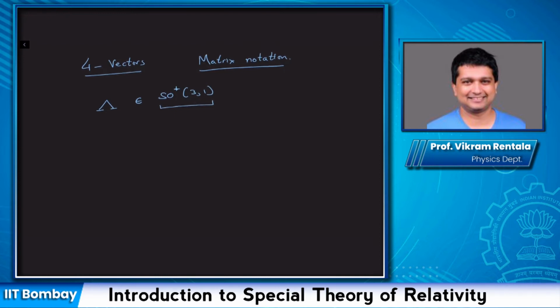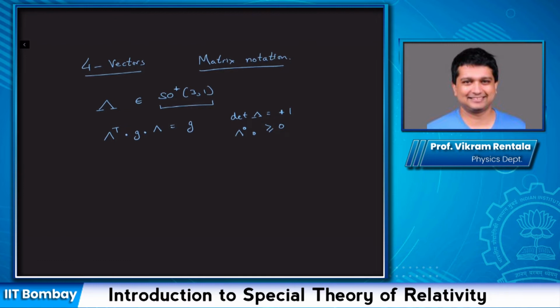So that is matrices that satisfy the property lambda transpose dot G dot lambda is G, and determinant of lambda is plus 1 rather than minus 1, and the 0,0 component, that is the top leftmost component of lambda, was greater than or equal to 0.